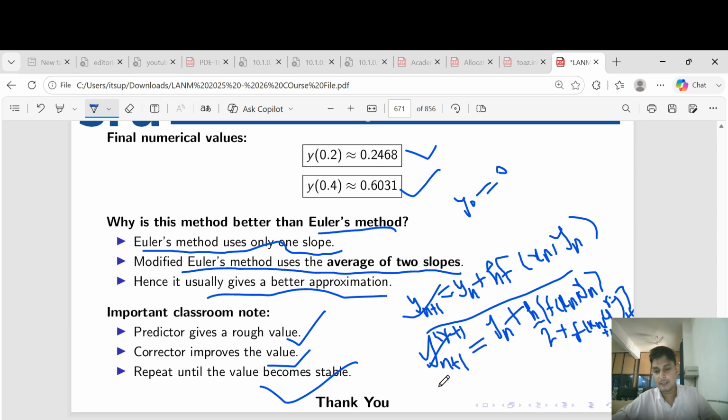So this is the predictor formula, and this is the corrector iteration formula. You correct the iterations until this is the stable solution of the differential equation, the correct value. Then you move on to the next iteration, y2 by a similar method, then y3 and y4 and so on.